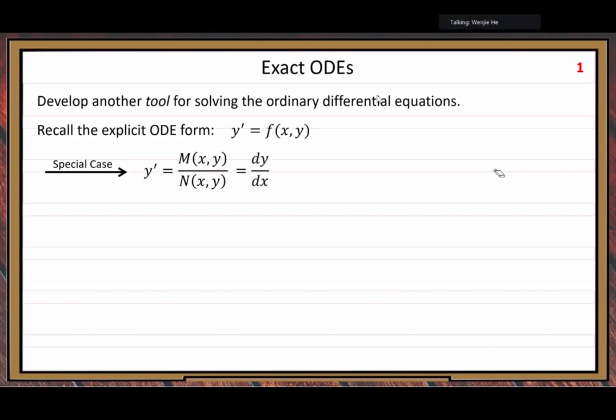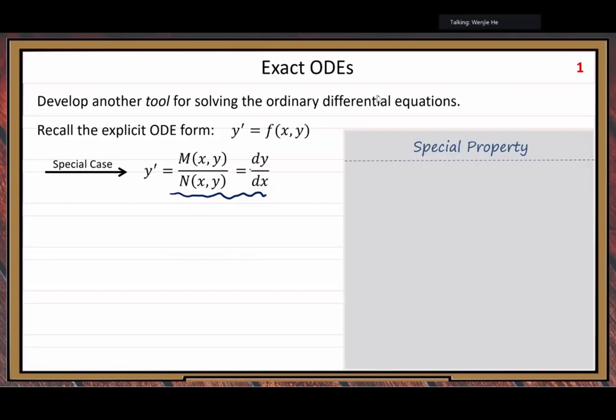Consider this: because y prime equals dy over dx, when we write dy over dx, that is a differential. Here, we use differentials. We want to separate dy and dx, so we get a differential form. So here, we need to use the differential concept.